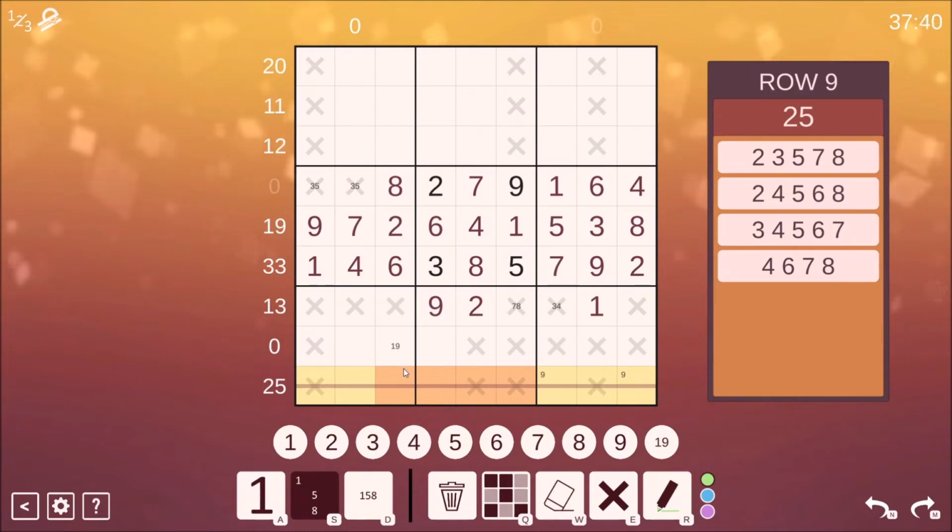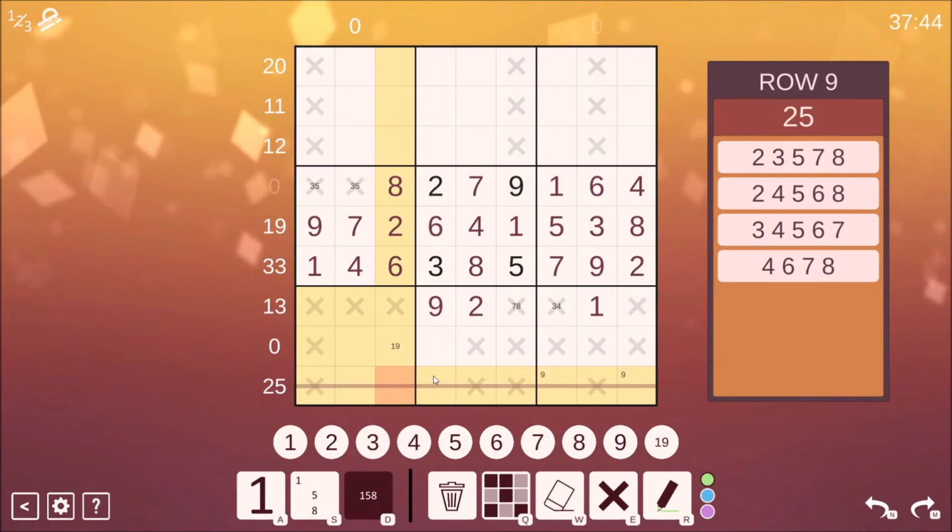Now, I think I saw something, but let me go ahead and fill in those numbers I was talking about so we can take a closer look. So let's say we had a 1 and a 9. We said we'd have to have a 4 here, an 8 here, a 6 here, and a 7 here.